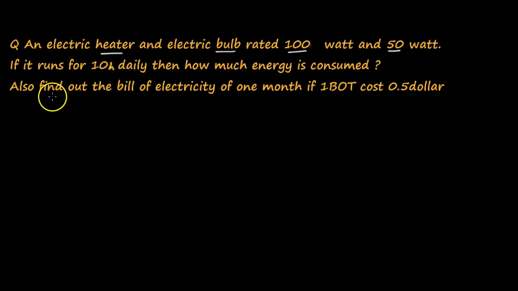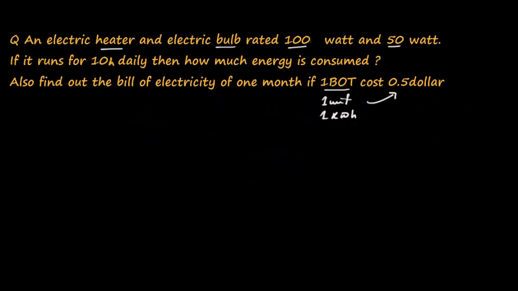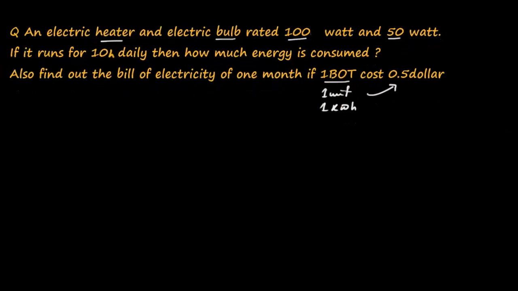This is the first question, and the second is also asking: find the electricity bill of 1 month if 1 BOT, that means 1 unit, that means 1 kilowatt hour, is equal to $0.5. So it's quite a high price for electricity, but we have to solve this question. We're not going to look at the economics over here. Okay, so let's try to solve this.